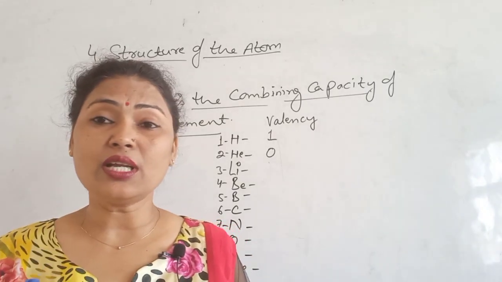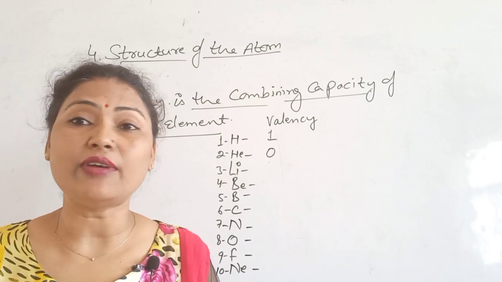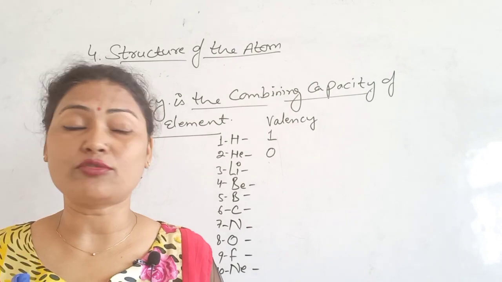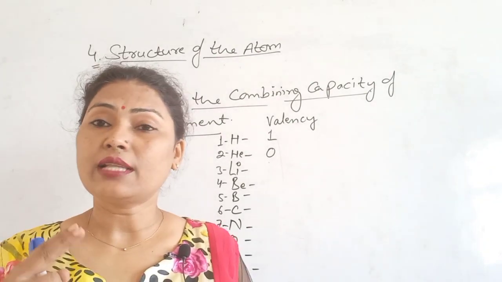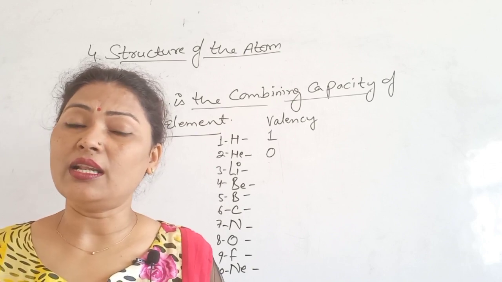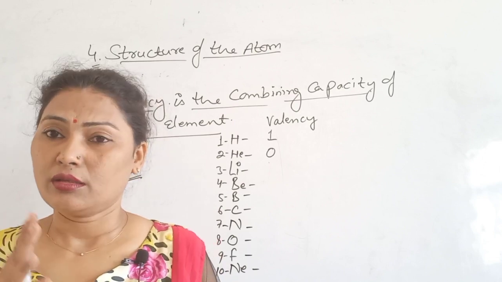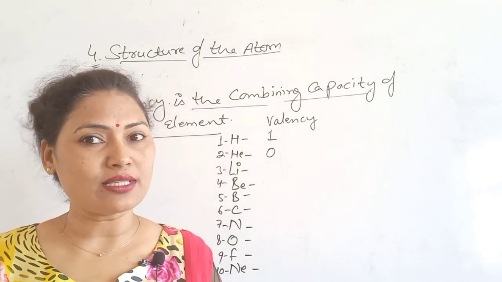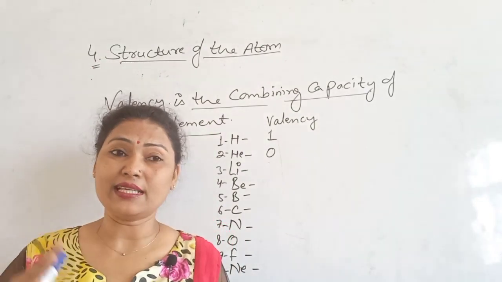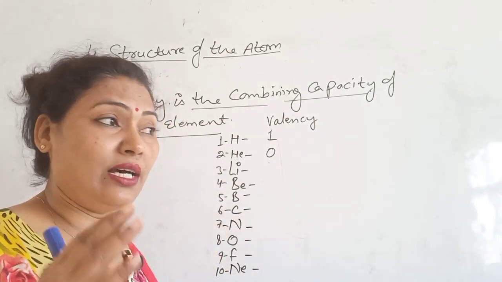K shell contains a maximum of 2 electrons, so if 2 electrons are present, valency becomes 0. L shell contains a maximum of 8 electrons, so if 8 electrons are present in that shell, its valency is 0. But if 1, 2, 3 electrons are present, valency is the same, 1, 2, 3 and 4. But if there are 5, 6, 7, then its valency becomes less. We will subtract it from 8.